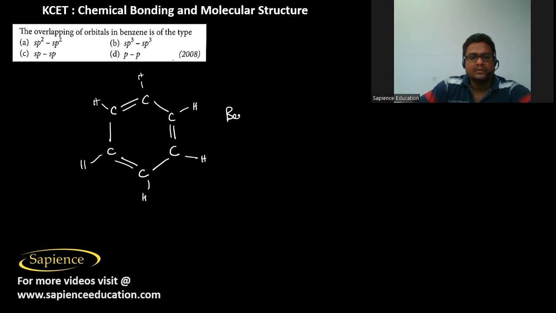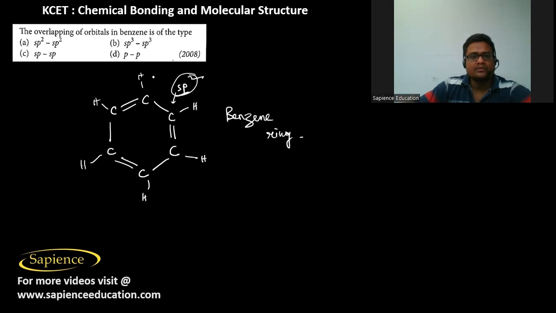So it is called the benzene ring. Here every carbon has sp2 hybridization, since it is bonded with three surrounding atoms. So sp2 hybridization is the hybridization of every carbon atom here.